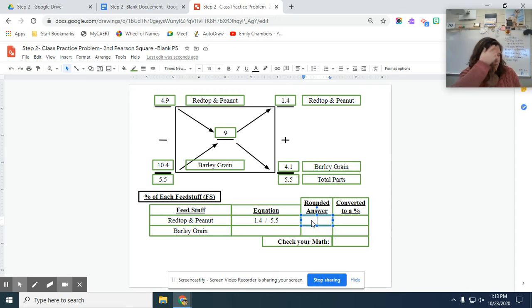Sorry, I got to get on my calculator now, guys. 1.4 divided by 5.5 is 0.2545. That second 5 is going to make our 4 a 5, so it's going to be 0.255. Percentage-wise, that's going to be 25.5%.